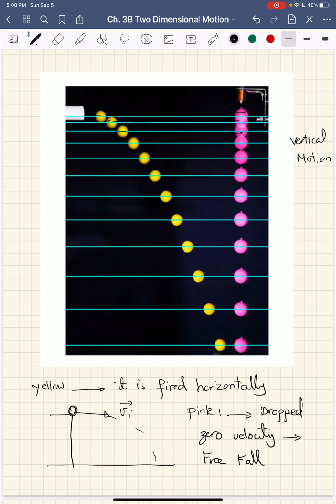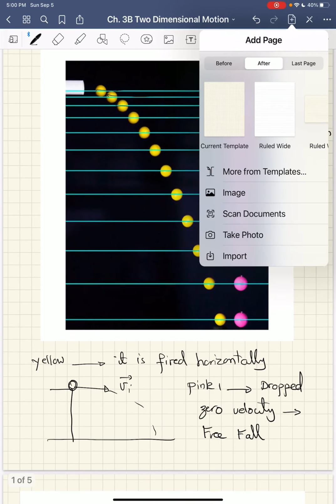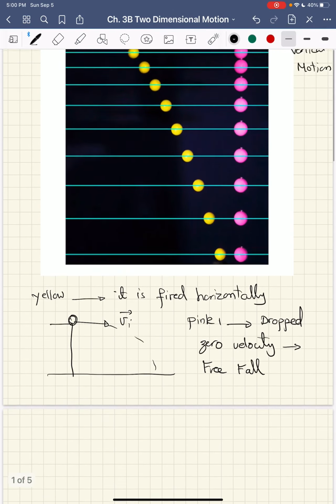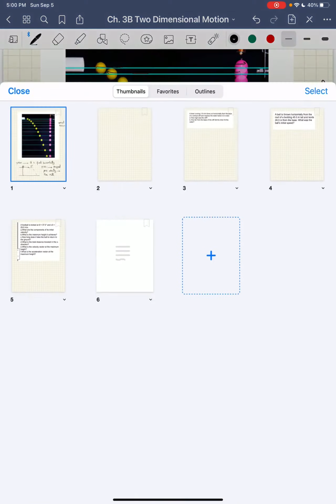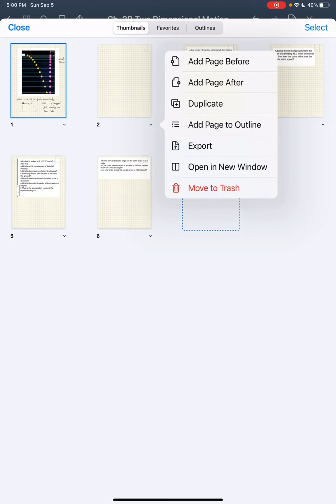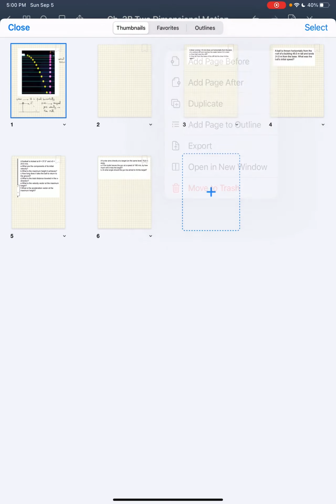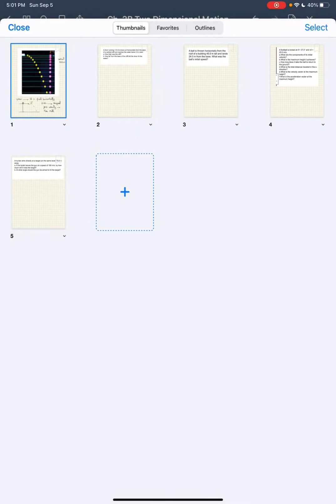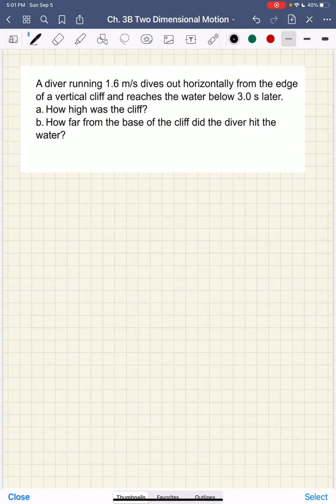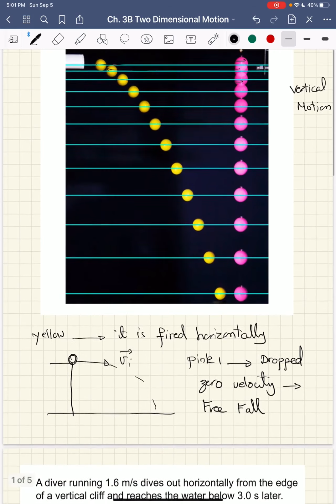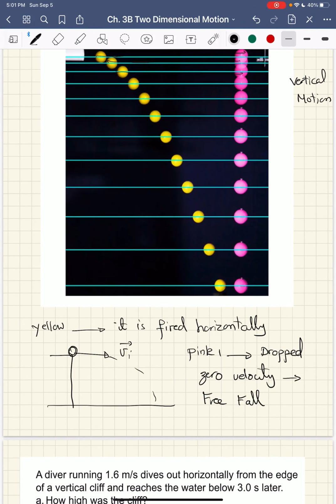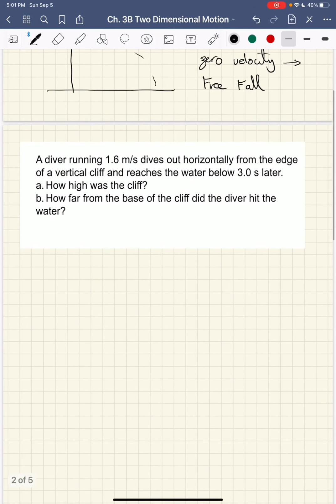Now, when we talk about the total velocity of the two objects, no, it's not the same. I will say the total velocity is not the same, whereas the vertical one is going to be the same. Okay. But like the yellow, you can see that it is making a horizontal distance.